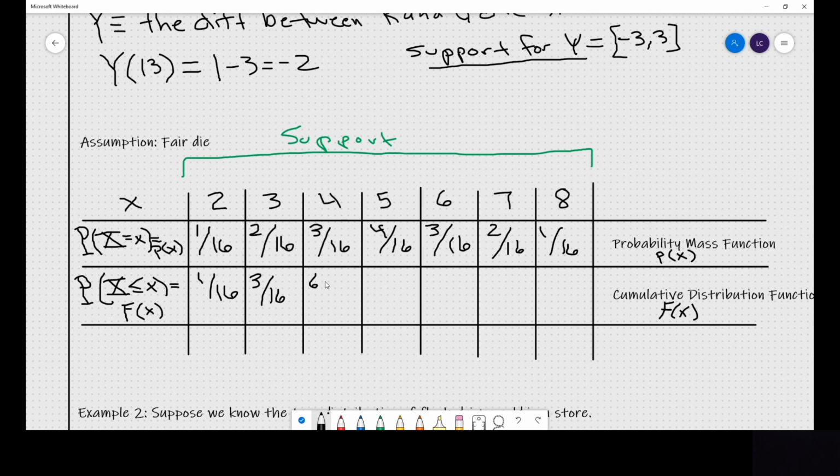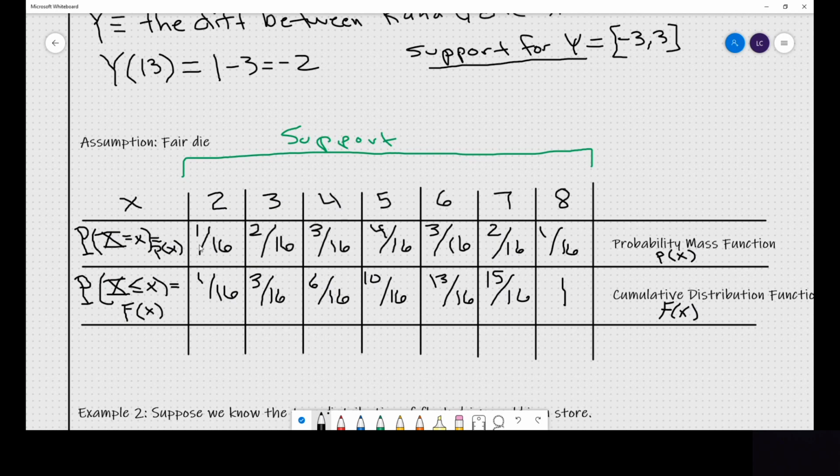So I get 6 over 16. So 3 plus 3 is 6. Here, 4 plus 6 is 10. And we just continue this. 13/16. Because it's all of these added up together. 15/16. And 1. I could write 16 over 16, but all of the CDFs end with 1.